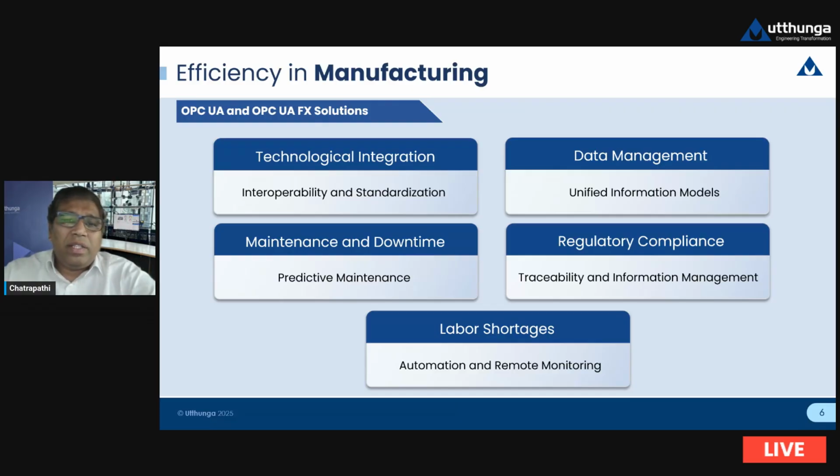So there are several information models which have already been defined for specific use cases. For example, for packing machines there is an information model, for rubber machines there are information models, and so on.